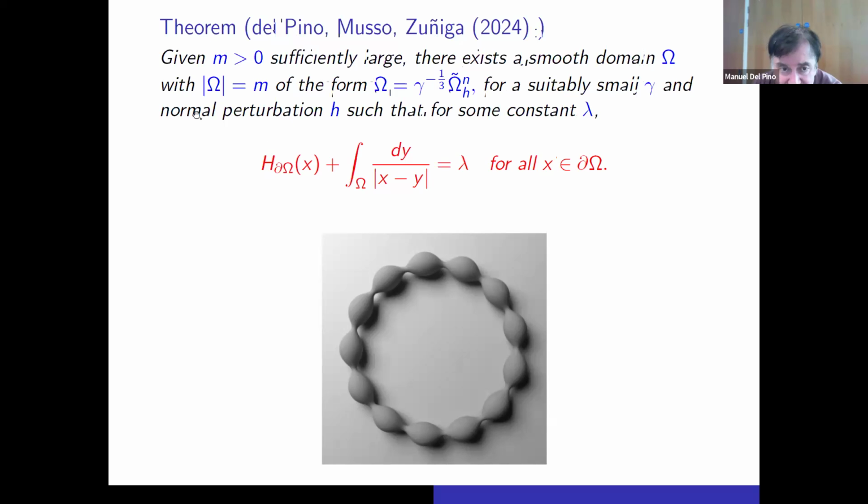So remember, these are not so arbitrary things. Omega has volume m, but the specific form of omega is a scalar of this form, which is a large scalar actually, multiplied by some domain which is nothing but a Delaunay perturbed. This is the situation.